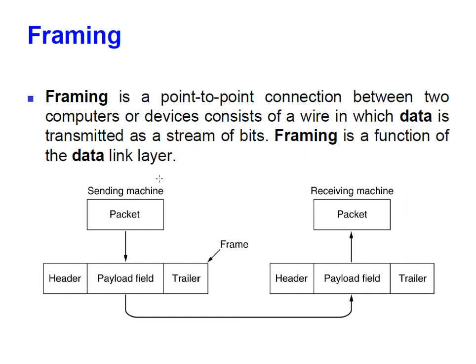So that's why we use terms like packet here. Packet is a generic term. It is a piece of data received from the upper layer, and that upper layer is nothing but the transport layer. And this data link layer senses the frame, which is a small piece of bits of data, and frame length is specific to the hardware.